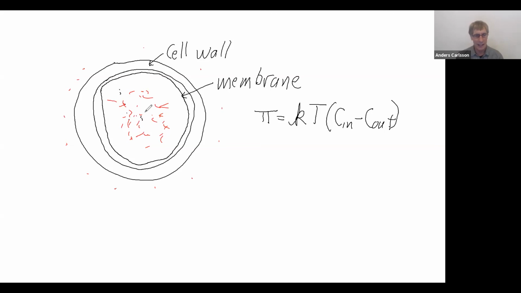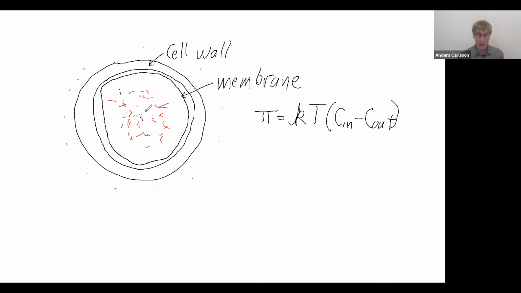And so you can really think of different limits. You could think of one limit where the water does not interact with the osmolytes at all. Then the water is completely irrelevant, and you would just see the pressure of this gas of osmolytes on the inside relative to the other gas of osmolytes on the outside. If the osmolytes are denser on the inside, they will exert a force that pushes it out.